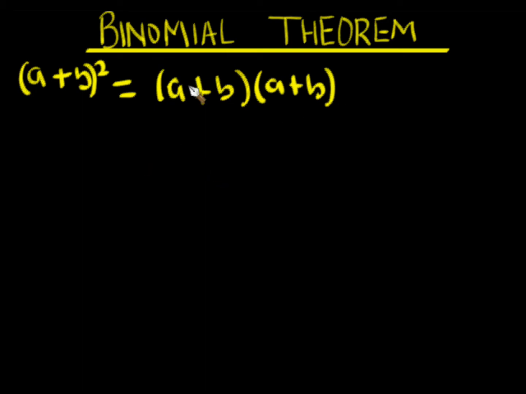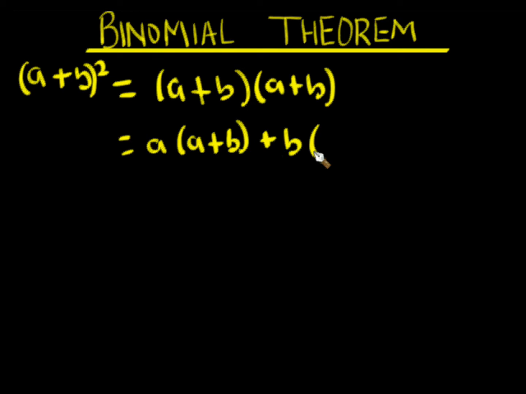Very well, most of us know that we can use each bracket to multiply the other, right? This first a multiplies this entire second bracket, plus this positive b also multiplies the entire bracket.